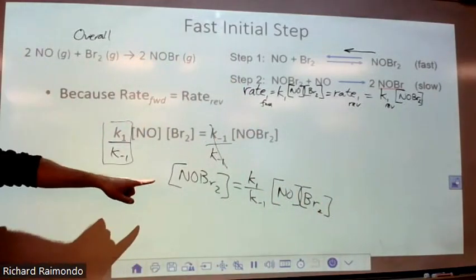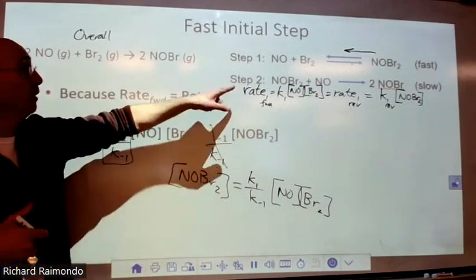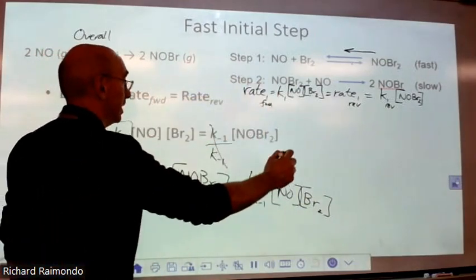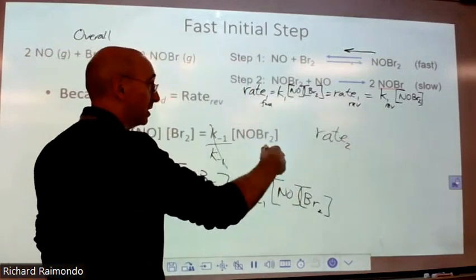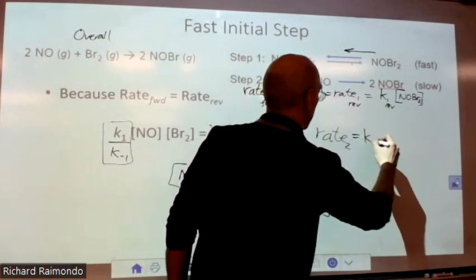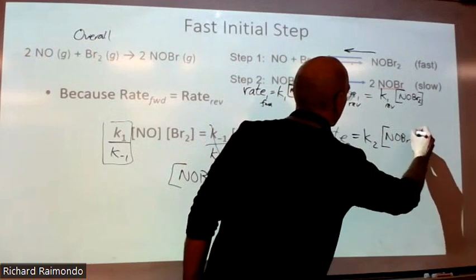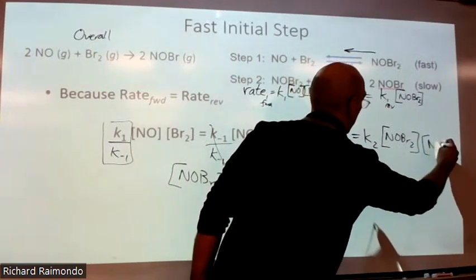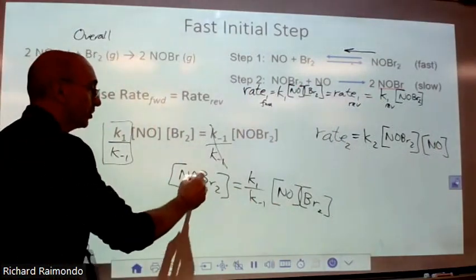And again, the whole goal of this was to substitute this into the rate law for this one. So let me write that rate law again. The rate law for step 2, which is our slow determining step, was k2 times the concentration of NOBr2 times the concentration of NO. And I'm going to take this and just sub it right in.